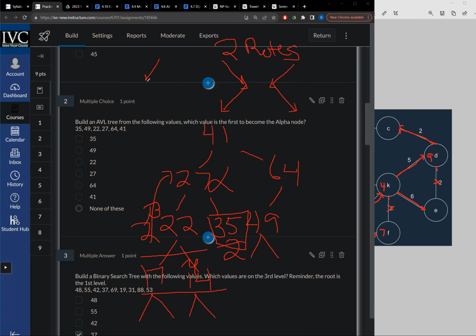But if it's a left or a right, then just beta will move up towards alpha, and balance will be restored.